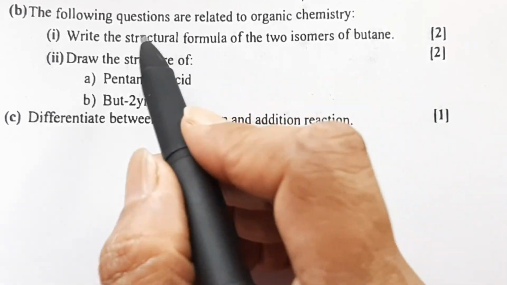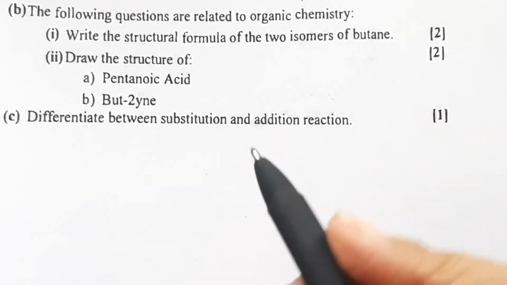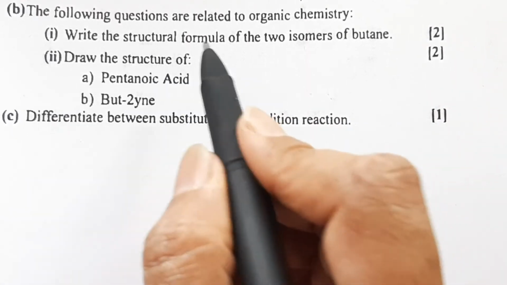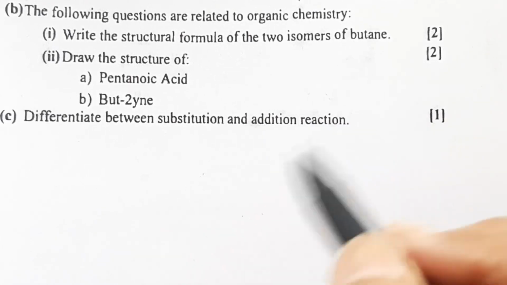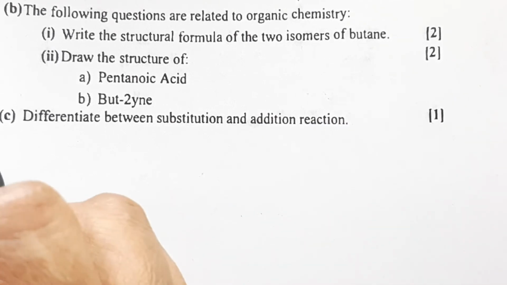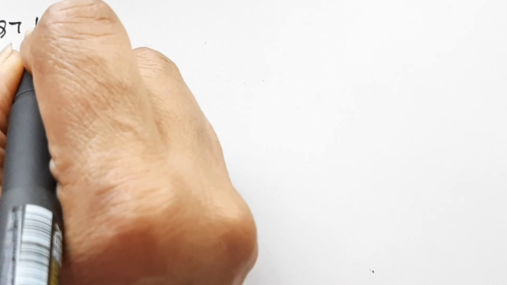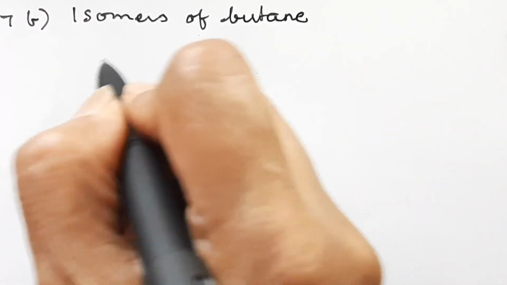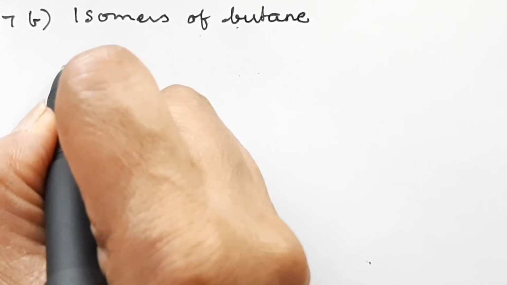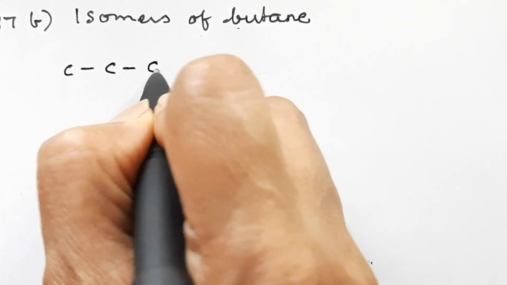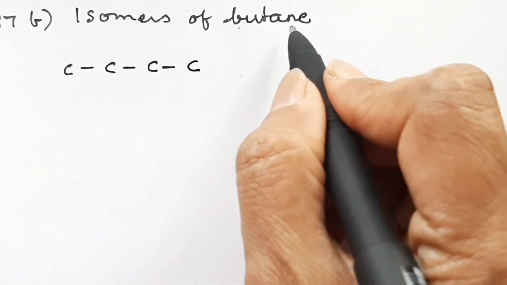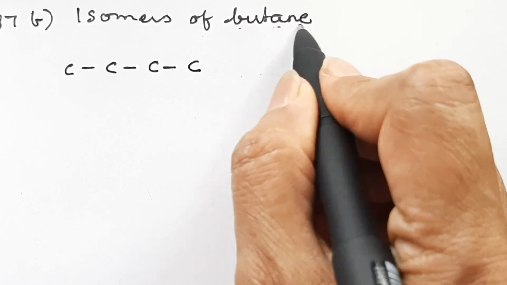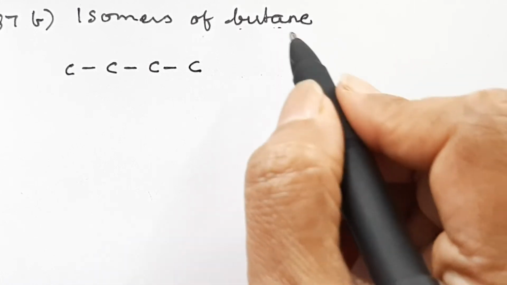7b. The following questions are related to organic chemistry. Write the structural formula for two isomers of butane. So I'm going to write question 7b. I will write isomers of butane. Now but means 4 carbons, so we'll have C single bond, C single bond, C single bond, C. That is because we are having ane, which means single bond. It's an alkane.